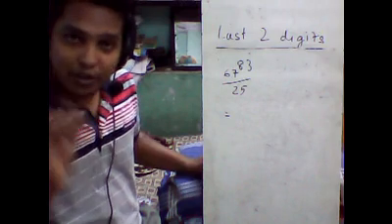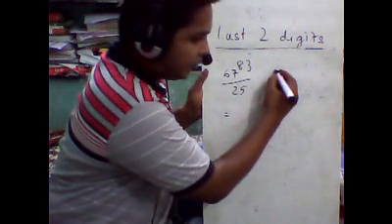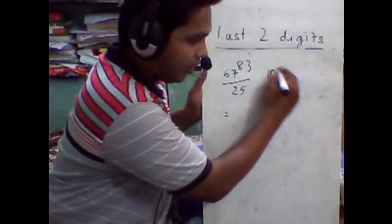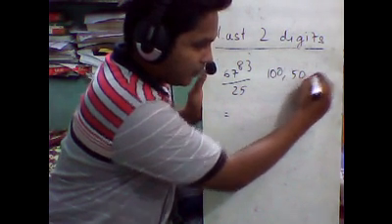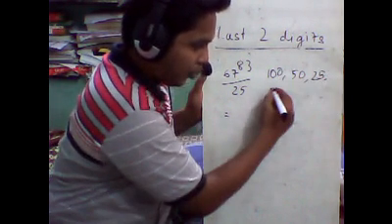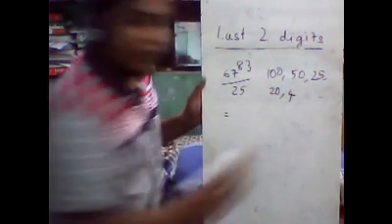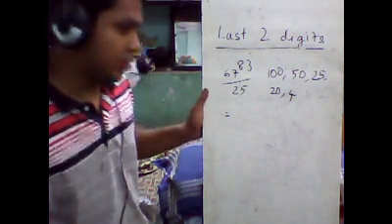One more thing which we need to remember is, if it is division by any number like 100, 50, 25, 20 and 4, we just need to find the last two digits.